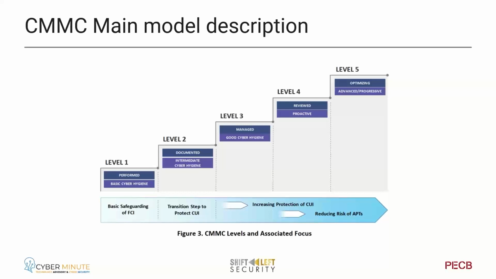And that's really a big difference with, for example, ISO, where the auditor will just check, do you have the controls, are these documented, and then you will probably pass. But here it goes much farther. You need to be able to prove that you are really doing everything to protect the government data.